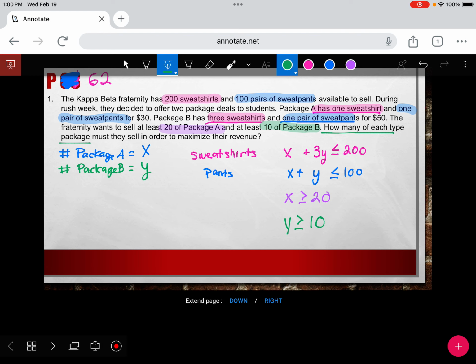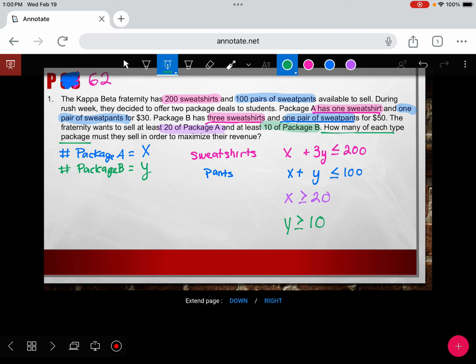Do any of these equations have anything to do with the money? No. This is all about how many they can sell. So when we're looking at the money and trying to figure out where they're going to get their most bang for their buck, we need to figure out places that will hold for all of these. I need to figure out where this is true. The easiest way to do that is to do a little graphing.